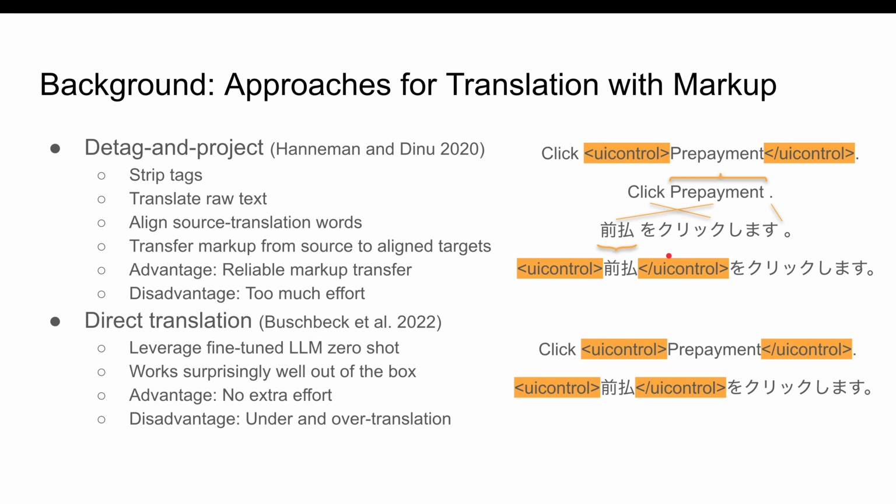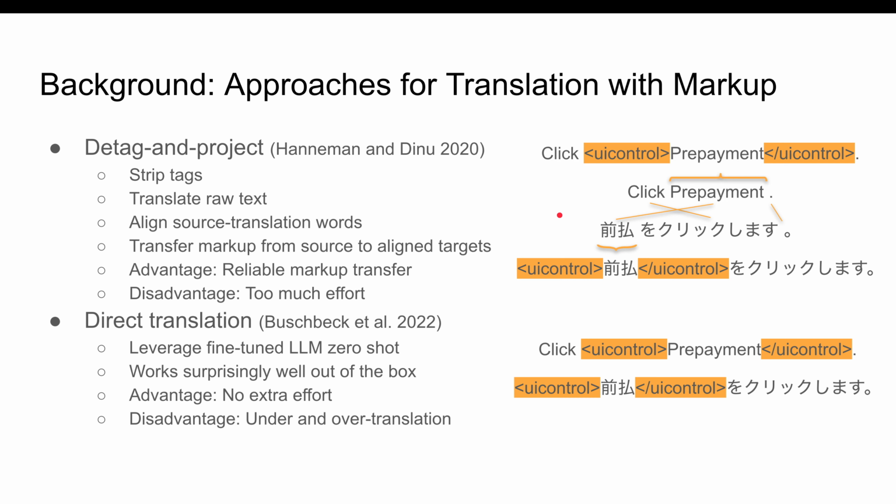So the advantage is that you will have reliable markup transfer as long as you have a reliable alignment system. But the disadvantage is that there is too much effort involved because you have to go through multiple stages, and an error in one stage will often propagate to errors in the other stage.